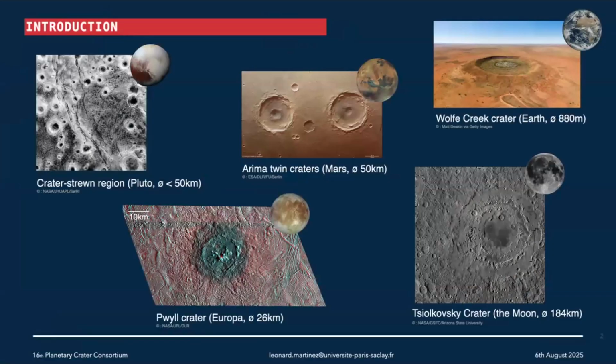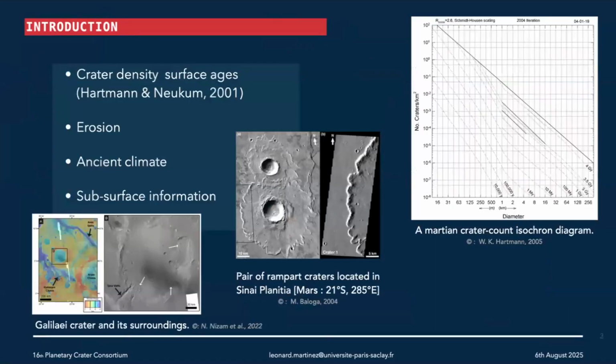So as you all know, craters are probably the most common geological feature that we can find on every planet through the solar system, from the Moon to small bodies, to Mars, and even on Earth. And they have historically been used for dating purposes.